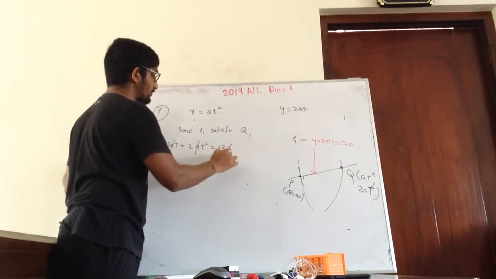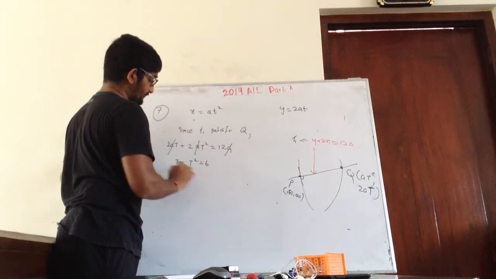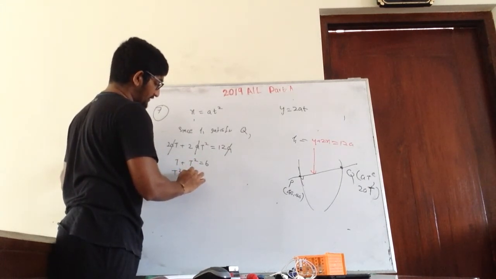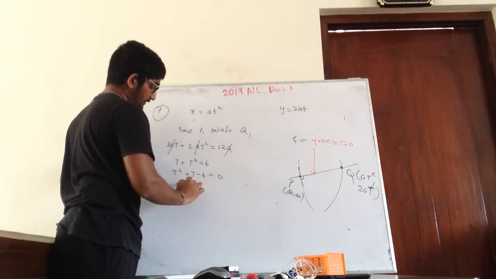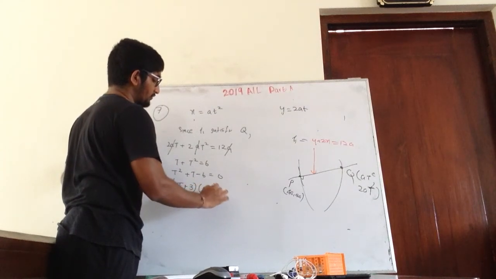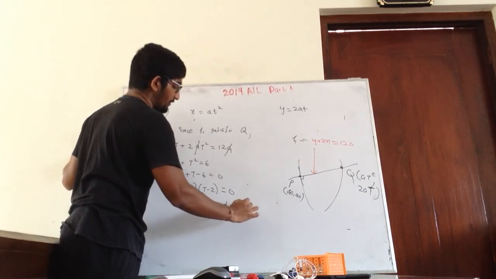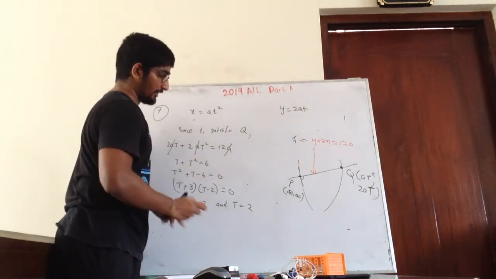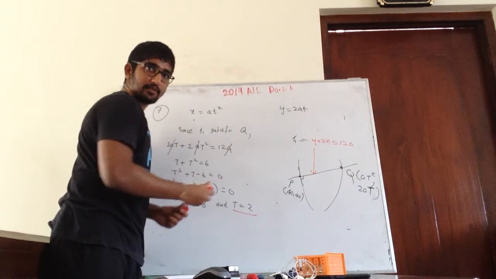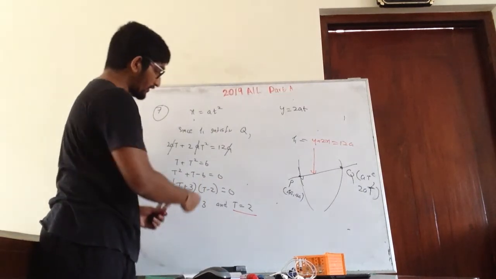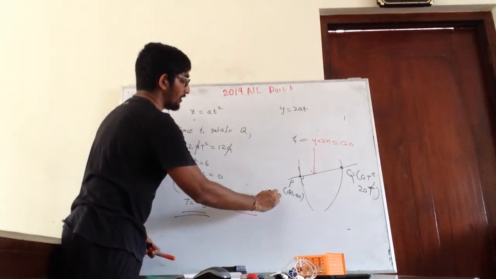I'm going to cut all the a's out, and I'll get t plus t squared is equal to 6. Then t squared plus t minus 6 is equal to 0. Here I can write (t plus 3)(t minus 2). Then t will be minus 3 and t will be 2. Now this is already taken, this is the value for P, right? So the Q value will be this. This is for point P.